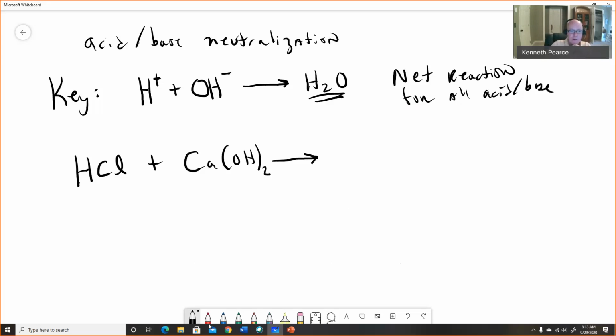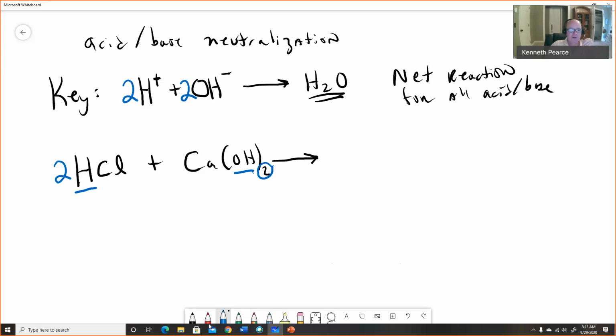But the easiest way to balance these equations is we take a look at how many of the H+ are we going to get and how many of the OH- are we going to get. If you see over here, we're going to get 2 hydroxides. But for this to be balanced, we also have to have 2 H+, which means we have to put a 2 in front of the HCl.